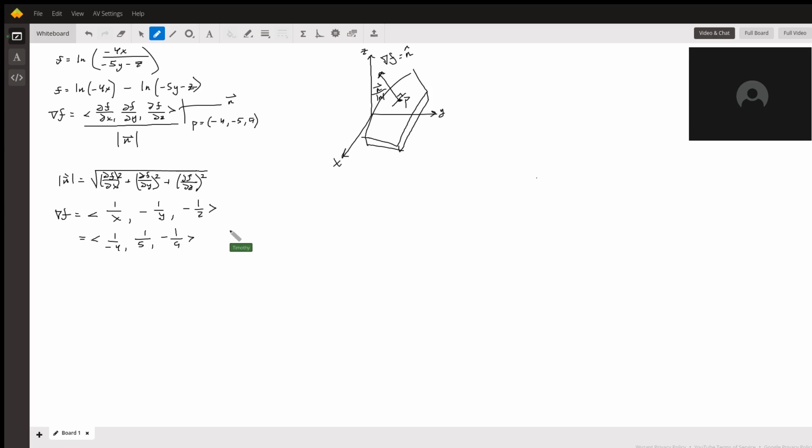Essentially, this n magnitude is just going to be the square root of 1/4 squared plus 1/5 squared plus 1/9 squared. You don't need the negative because it's all being squared. All right, and then you should be good to go from there.